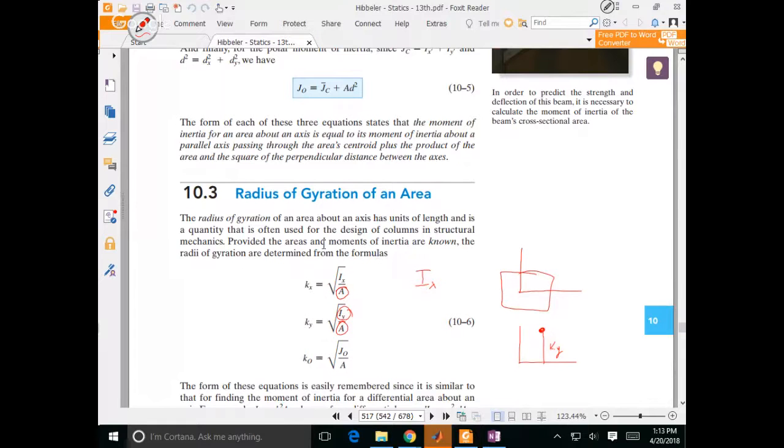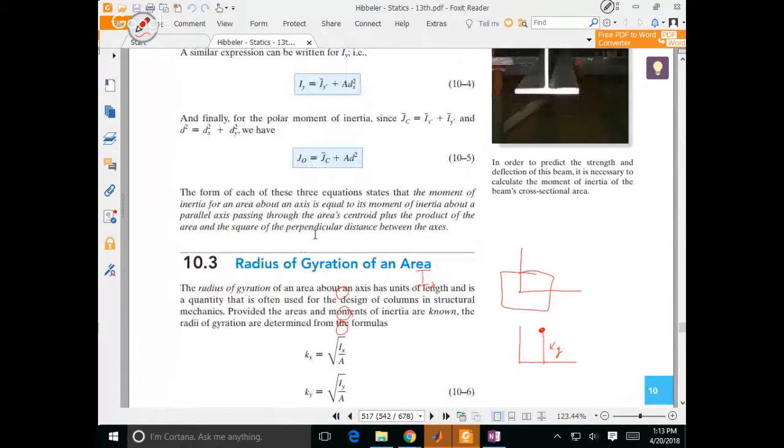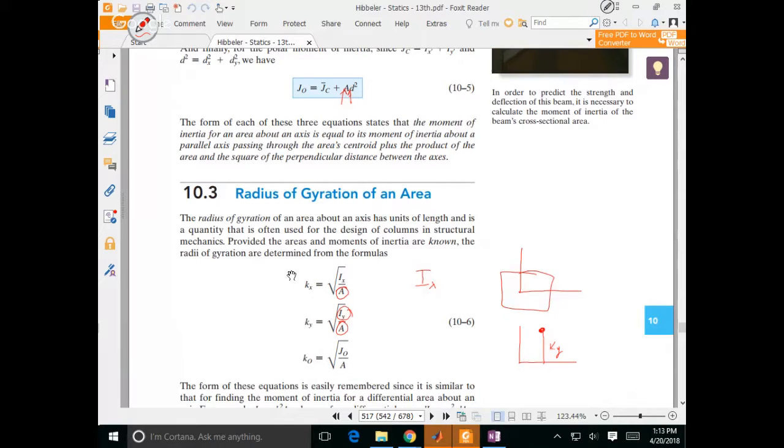It relates back to the parallel axis theorem. What you're doing is taking all the area, you're moving it a distance away, and then that's what this distance right here is. So if you take this, let's say ky squared times A equal to Iy, that's as if you had kind of like a black hole of area. Sounds weird, but all the area is concentrated in one spot, but then you move it away. It doesn't make logical sense, but it is just a term that they use.